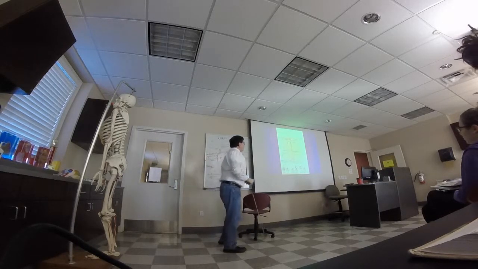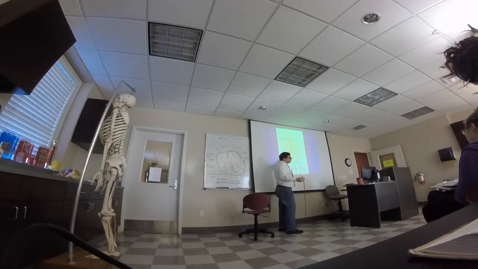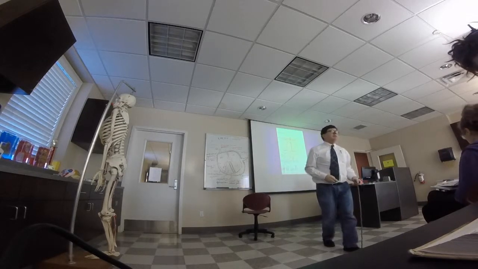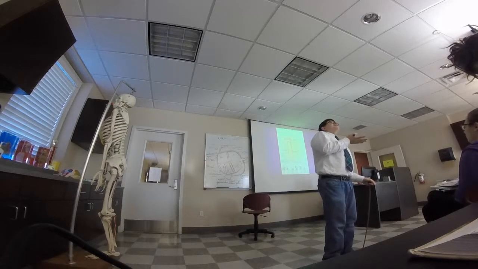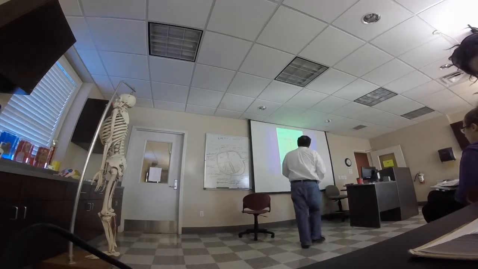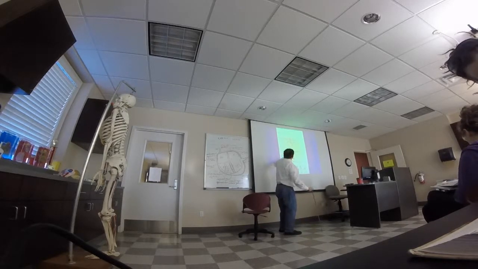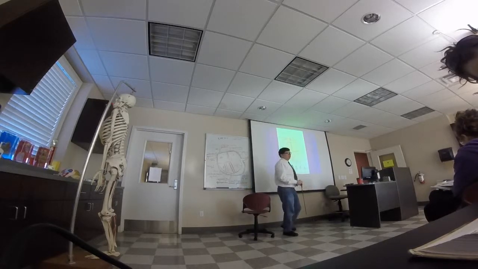Okay, so let's go back. The volume within the left ventricle at the end of diastole is called the left ventricular end diastolic volume. The volume within the left ventricle at the end of systole would be called the left ventricular end systolic volume. And if we have a nice curve like this, we can actually measure it. The end diastolic volume is 130. The end systolic volume is 70.